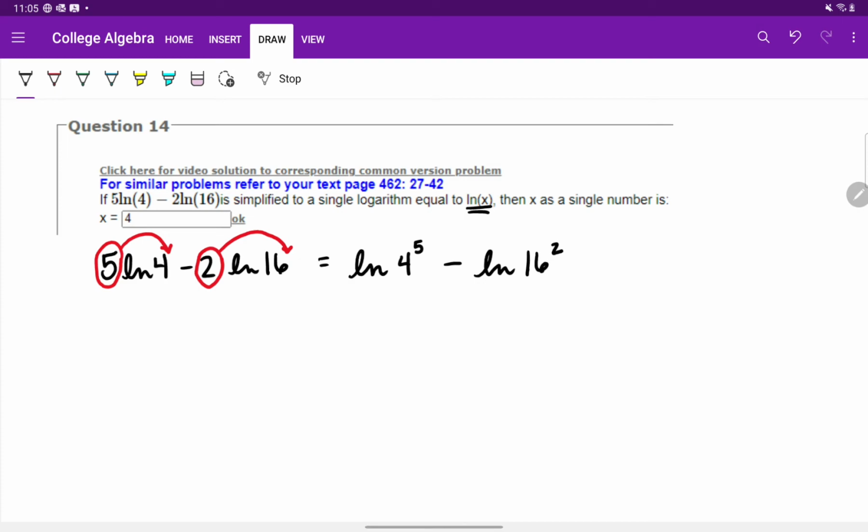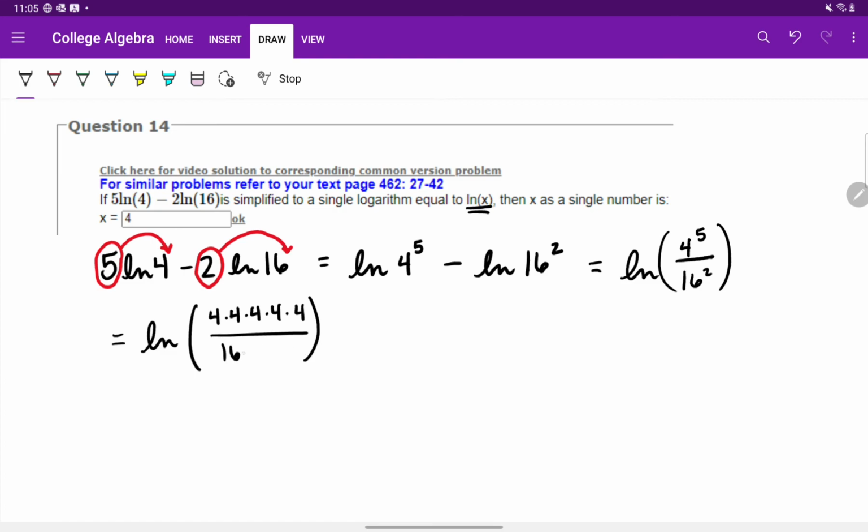Now that we just have a single logarithm minus a single logarithm, we can combine these using the division rule. So that would be natural log of 4 to the 5th divided by 16 squared. And from here, you're just looking at a numerical problem. You can simplify this. Let's see, 4 to the 5th power. I'm gonna cheat a little bit. 4 to the 5th power would be 4 times 4 times 4 times 4 times 4.